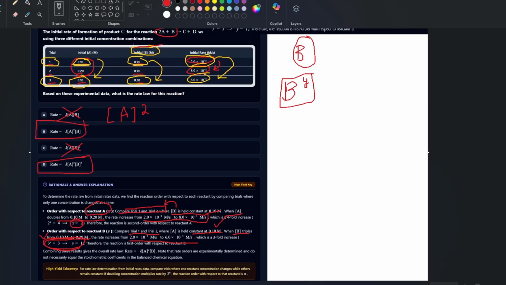So let's go over how to do that. For the initial B, you have 0.3 divided by 0.1, and let's do the ratio for the rate, 6 times 10 to the negative 3 divided by 2 times 10 to the negative 3, which should give you 3 times 10 to the 0.